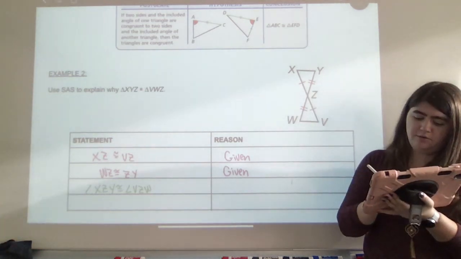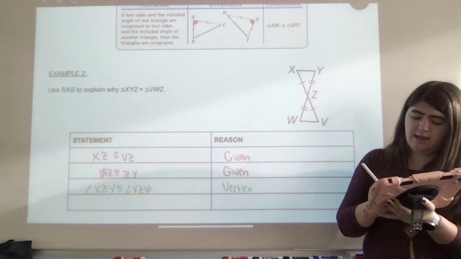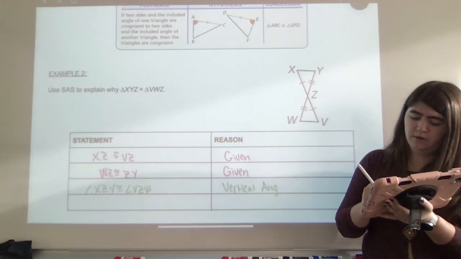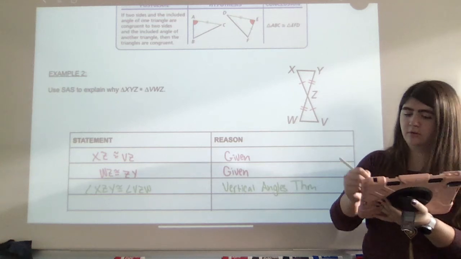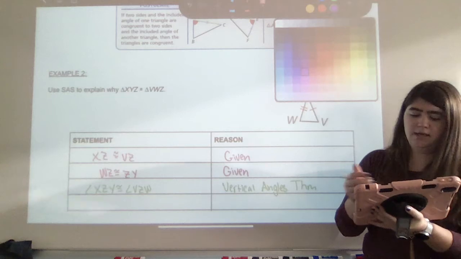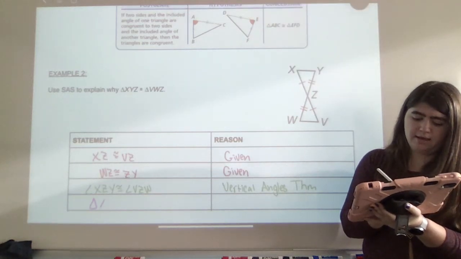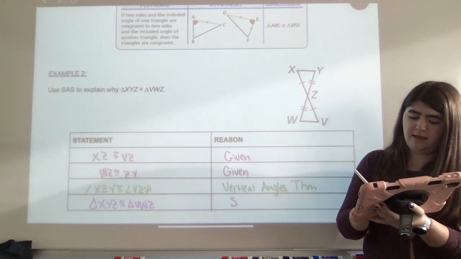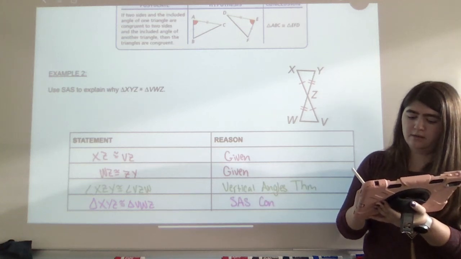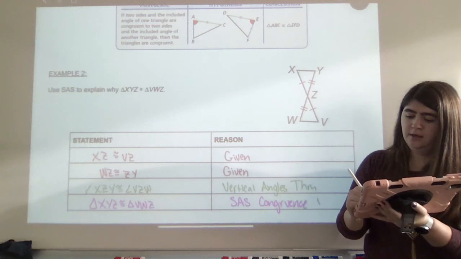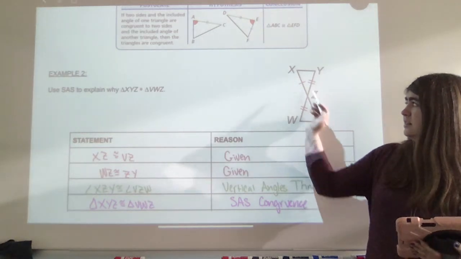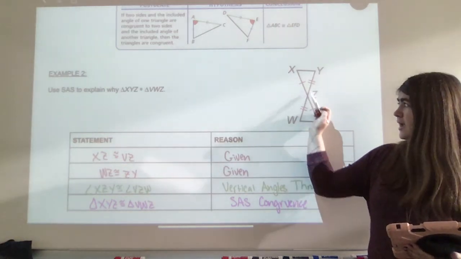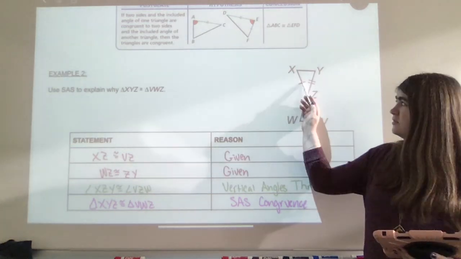So my vertical angles theorem tells me that I have two congruent angles, and because those angles are congruent, then I can use my shortcut and I can say that triangle XYZ is congruent to triangle VWZ using the side angle side congruence postulate. And I know that I can use it because once again I've proven sides, shared angles, they're congruent. Side angle side, side angle side.